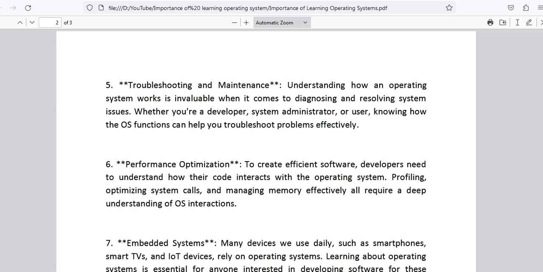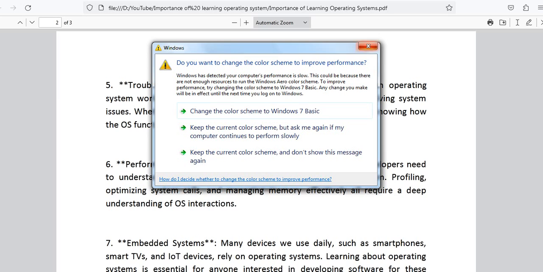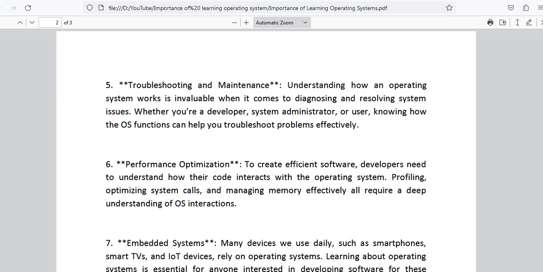Number 5, troubleshooting and maintenance. Understanding how an operating system works is invaluable when it comes to diagnosing and resolving system issues. Whether you're a developer, system administrator, or user, knowing how the OS functions can help you troubleshoot problems effectively.